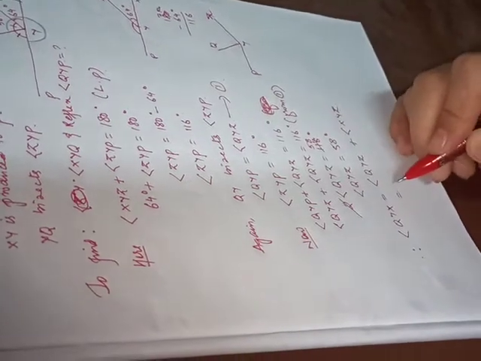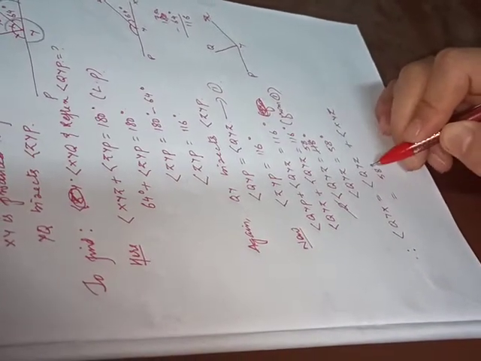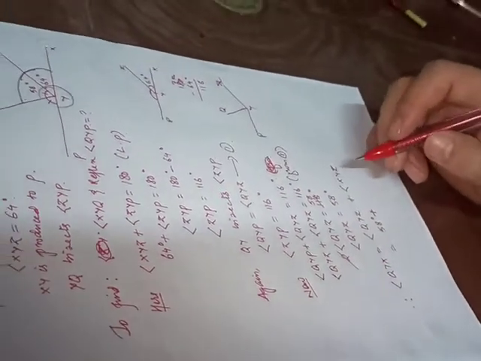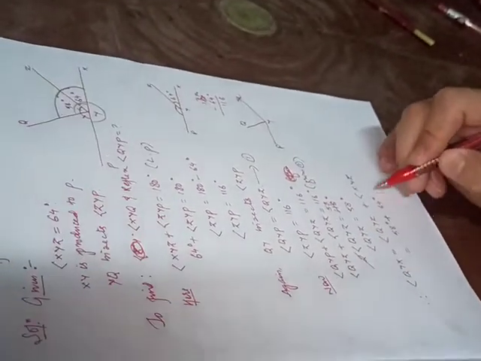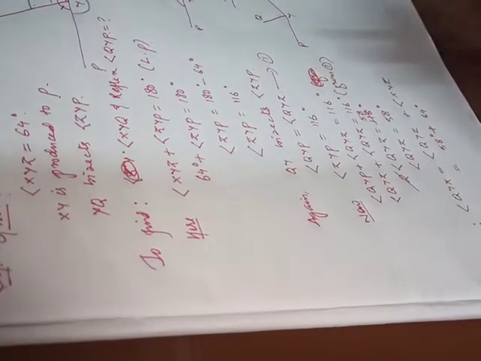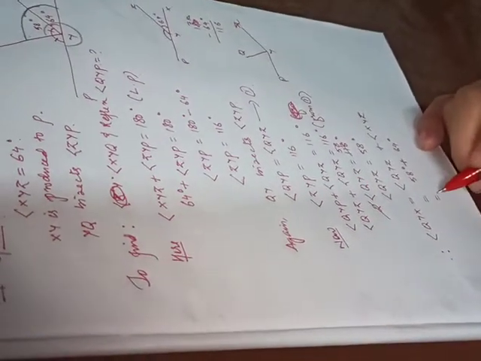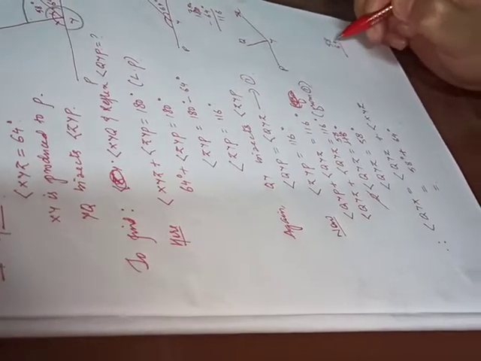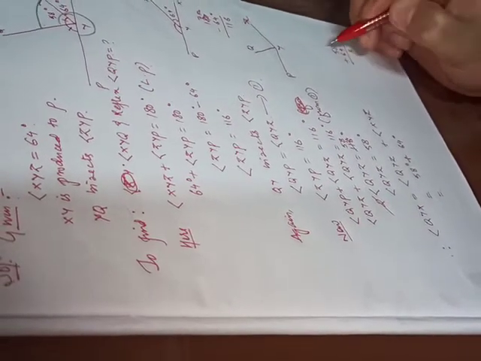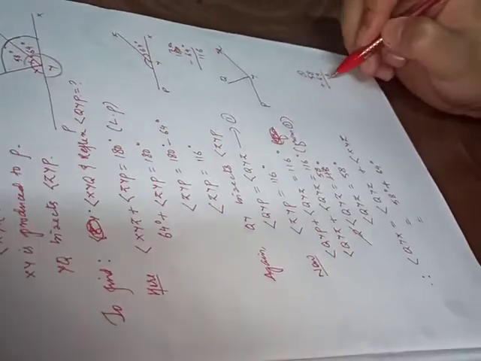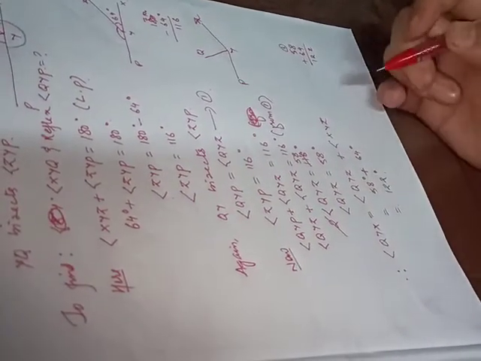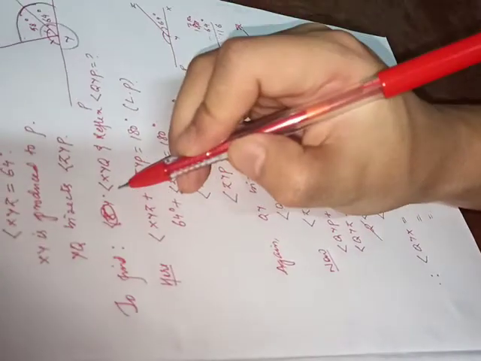Angle QYZ is 58 degrees plus angle XYZ is 64 degrees. Adding gives us 122 degrees. So we got the first value.